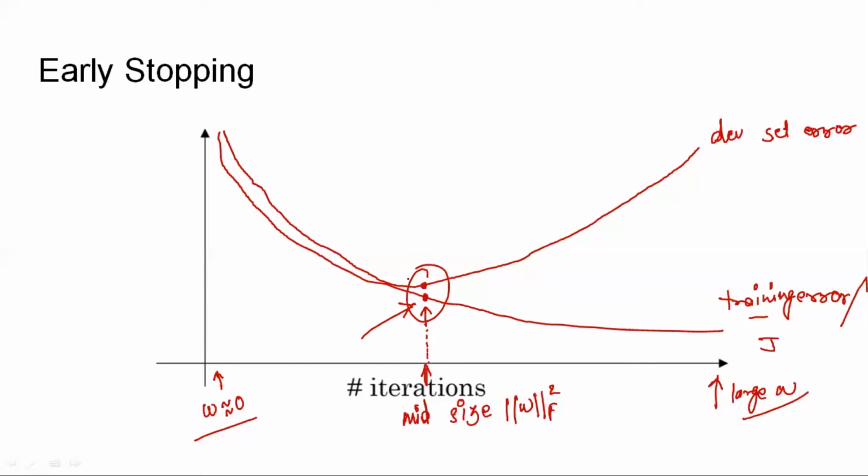Now one thing that needs to be noted here is that when you are solving these problems, what you first do is basically optimize your cost function j.